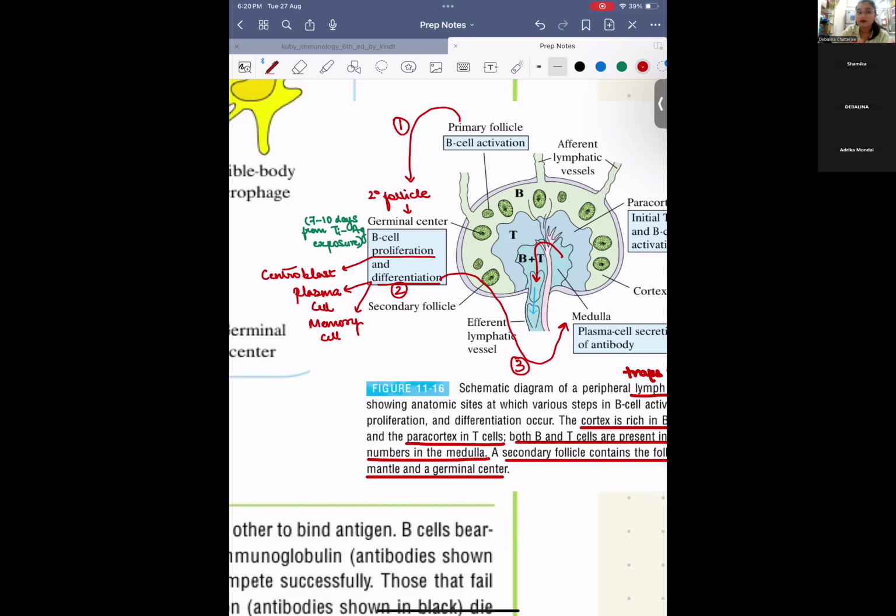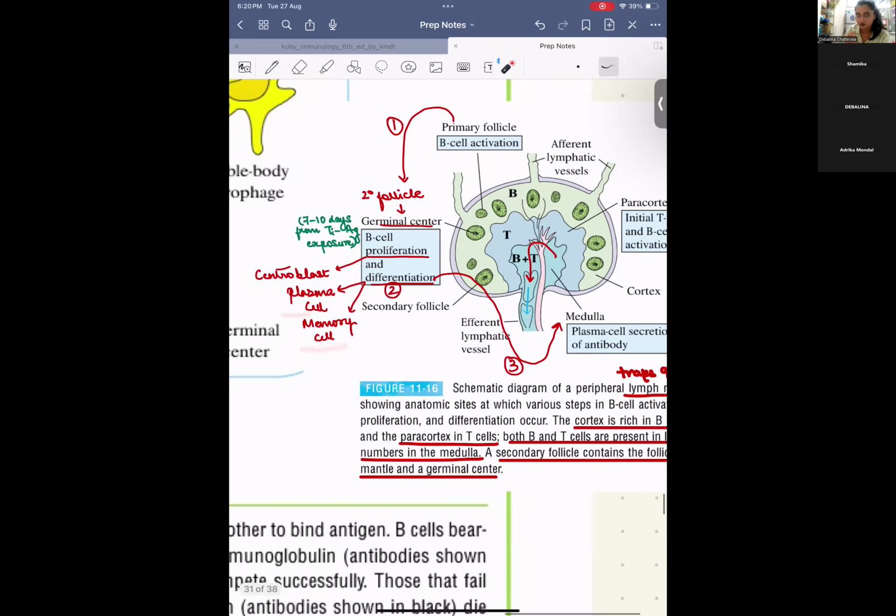Anything that has the capability of dividing, we provide it with the suffix blast, right? So inside this germinal center, we have the B cell proliferation happening. These proliferating cells are called centroblasts, and they ultimately differentiate into plasma cells and memory cells. We have understood this so far.